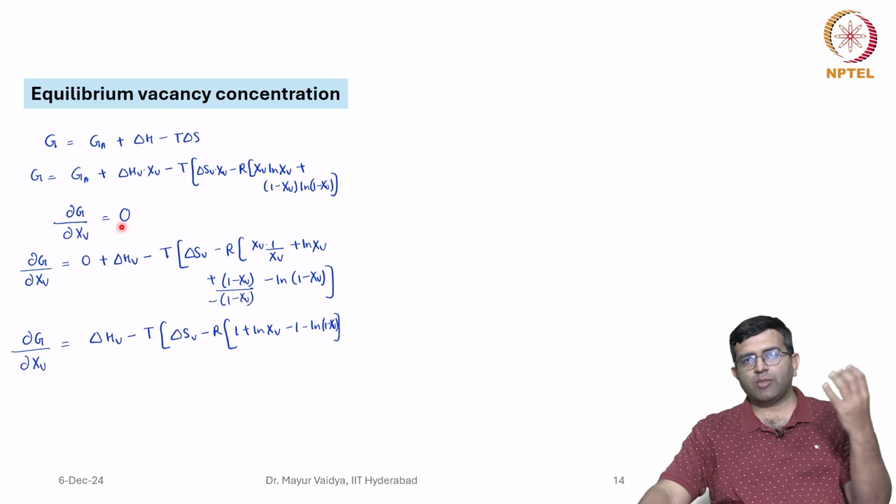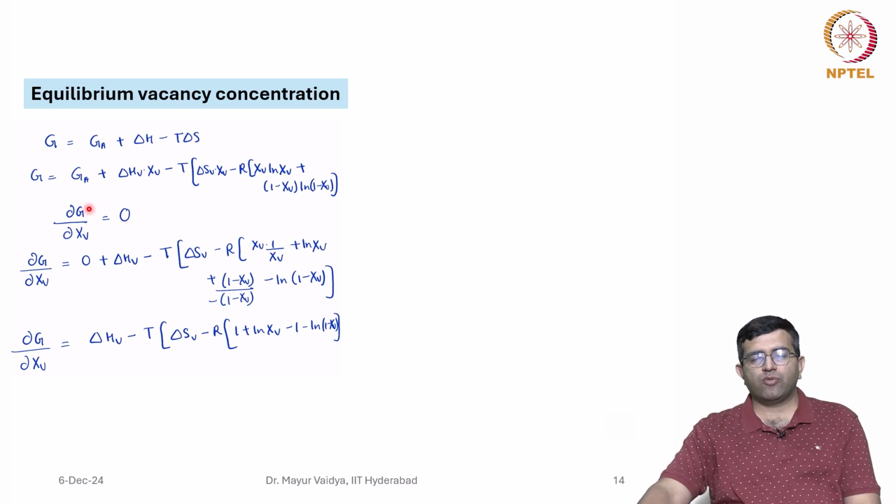Remember this from the mathematical concepts lecture, whenever a function attains a minima, the slope is 0 at that point. So, dou G by dou x v is equal to 0. Now we differentiate this. The differentiation of G A is 0 with respect to x v. Here it is delta H v into x v, so the differentiation will be simply delta H v minus T times delta S v minus R into x v ln x v, both containing x v, so we apply the product rule.